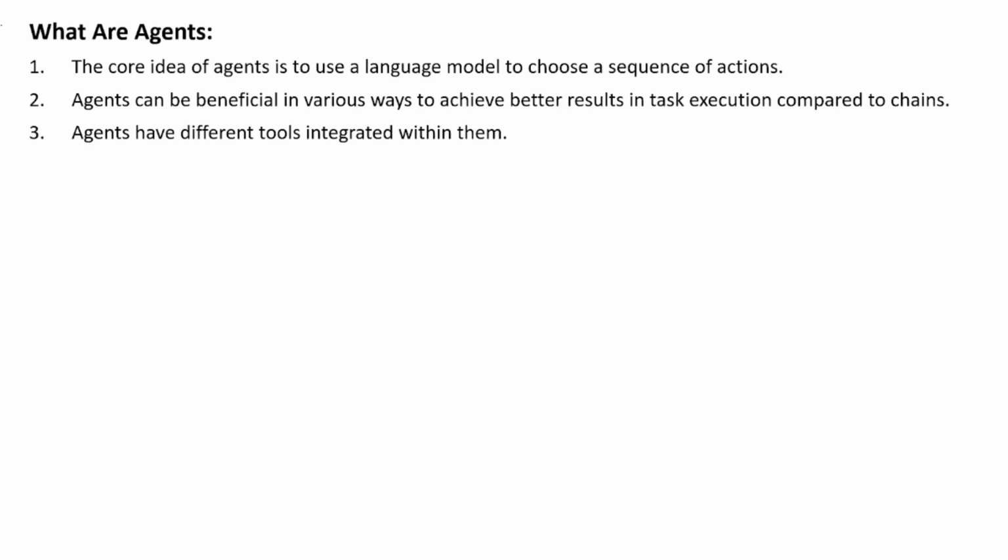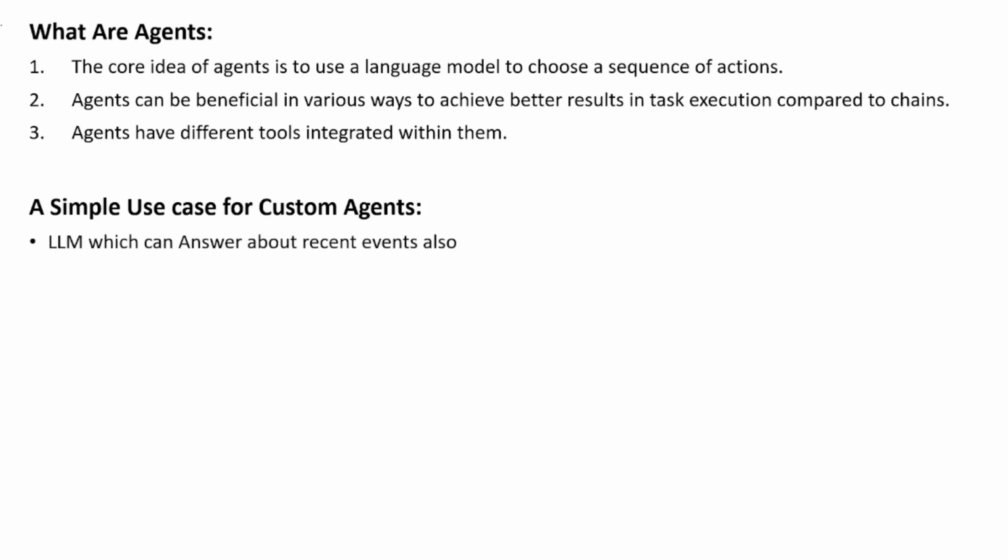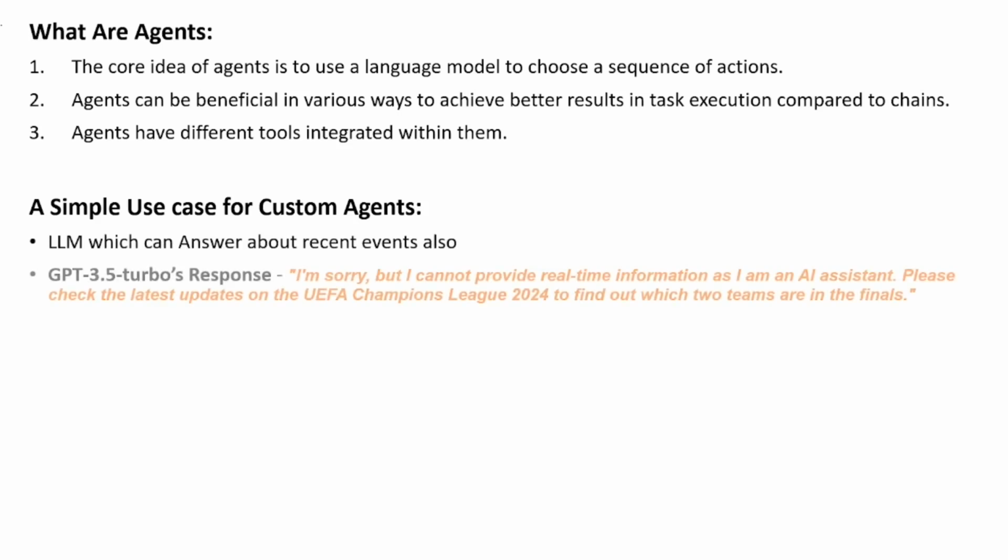So now we know what these agents are and where we can utilize them. Similarly, we can create our own custom agents also. Let's take an example where I wanted to use an LLM which can also give us the answer to recent events. First I tried to get the answer using the GPT 3.5 turbo model. I asked it what two teams are going to be in the finals of Champions League 2024.